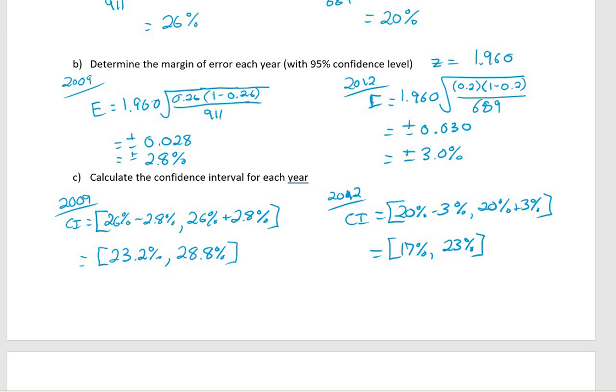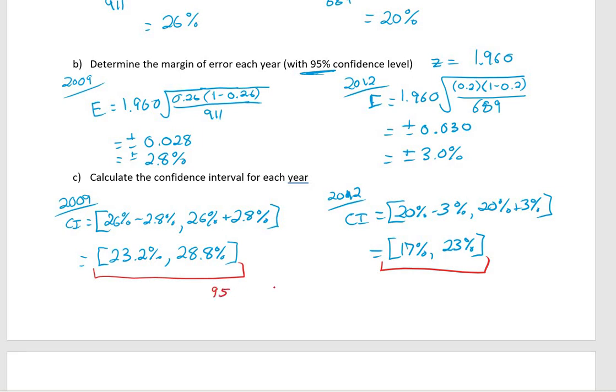So what does this mean? This means that 95% of the time, which is 19 out of 20 studies we do, we successfully captured the mean, or the proportion of fish in these intervals.